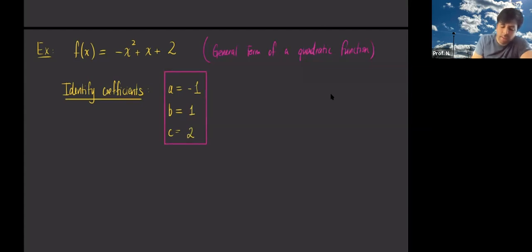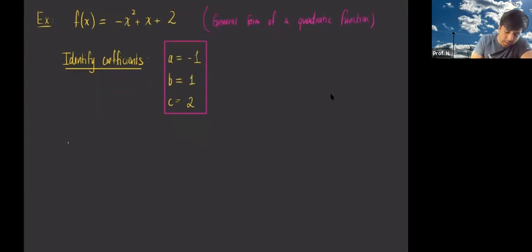And now I want to go through the things that I'm able to figure out. The first thing is, does it have a maximum or minimum? Well, I have to figure out what the A value is. The A value is negative.